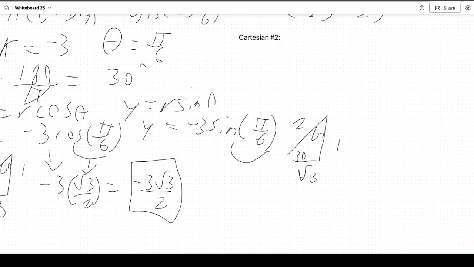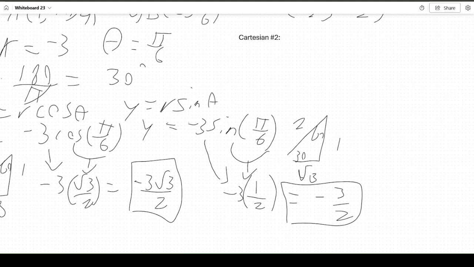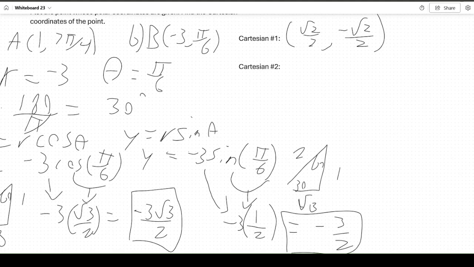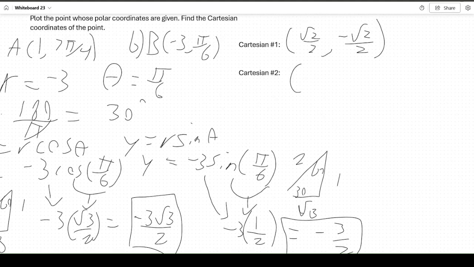So the sine of pi over 6 is going to be 1 over 2 times negative 3. It's going to be negative 3 over 2. And that is our y Cartesian coordinate. So our Cartesian coordinates for problem B are negative 3 square root of 3 over 2 and negative 3 over 2.